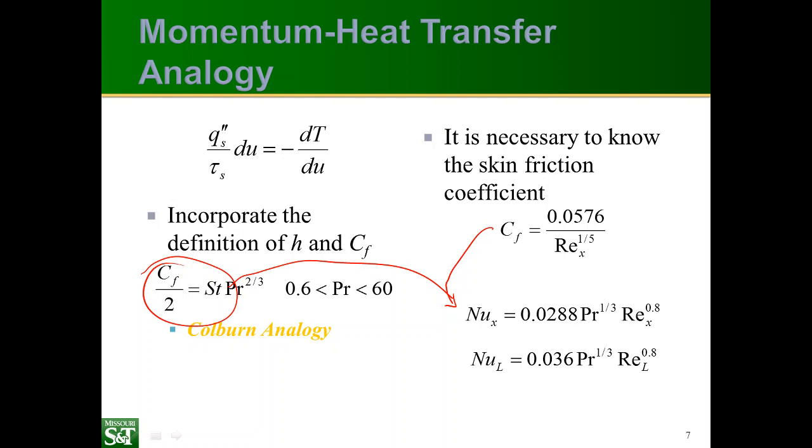Now, this neglects the presence of a laminar boundary layer prior to turbulence. Basically, this version assumes that turbulence begins at the very front edge of our flat plate. However, it's also valid when the length of the plate is much, much longer than the critical value. So the Reynolds number is much, much higher than the critical Reynolds number for the transition to turbulence, as we said in the previous presentation, about 10 to the 5th.